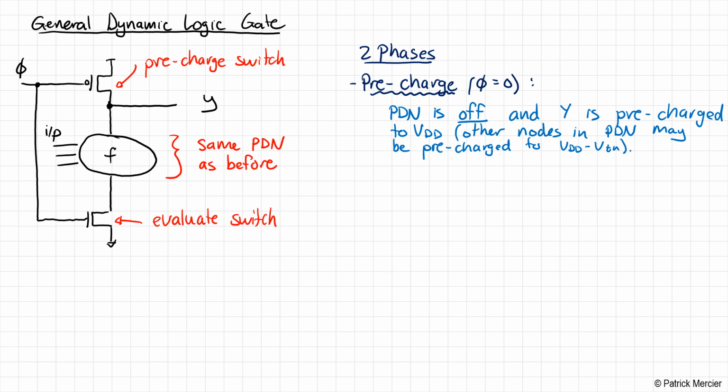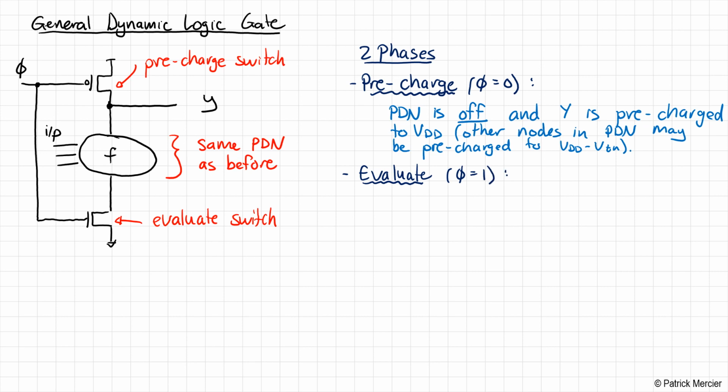That would be the case if, for example, the gate inputs into the NMOS transistors in the pull-down network were on. Because Y is high, that's going to charge some of these internal nodes to VDD minus VTN, ignoring subthreshold leakage, of course. So that's phase one. If the PMOS switch was called the pre-charge switch, then the next phase ought to be called the evaluate phase, and indeed that's the case. Evaluate. This is when phi is equal to 1.